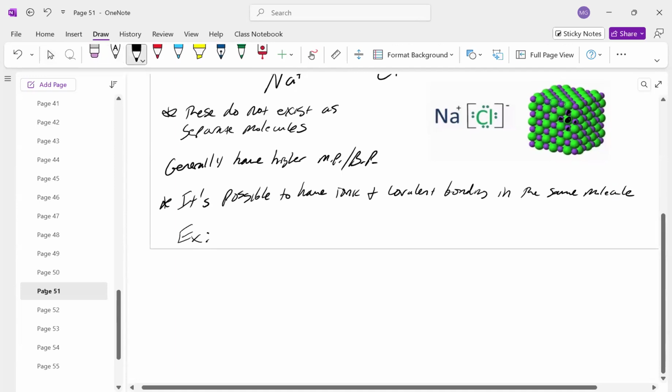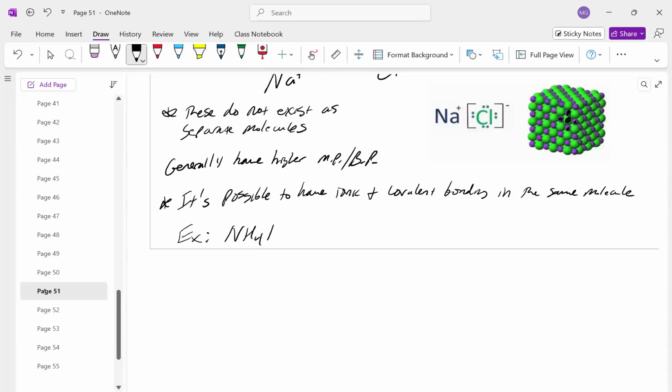So for example, the compound ammonium nitrate consists of the ammonium polyatomic ion. And notice within the ammonium polyatomic ion, there's covalent bonding. But that whole ion ionically bonds to nitrate.